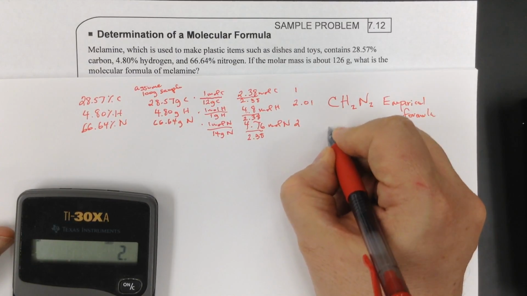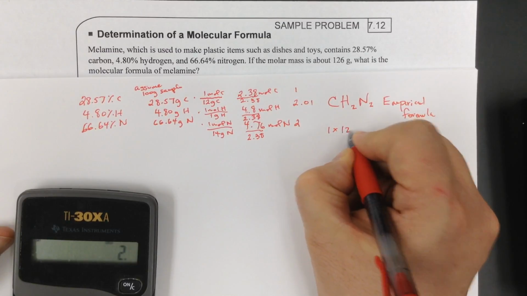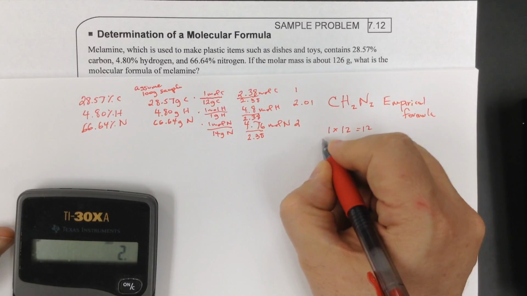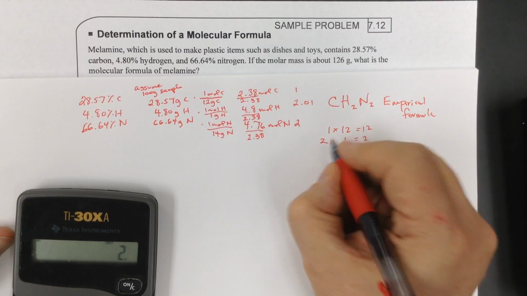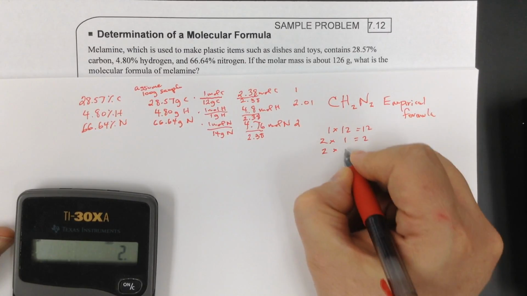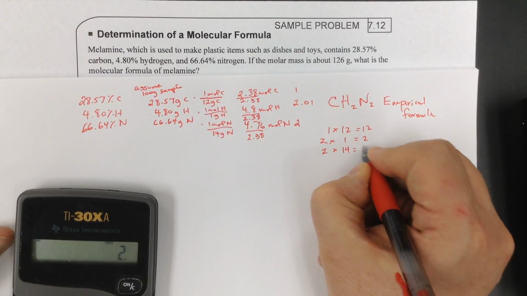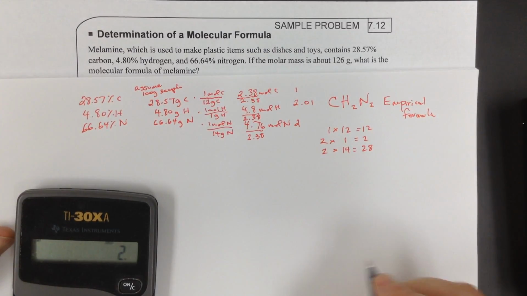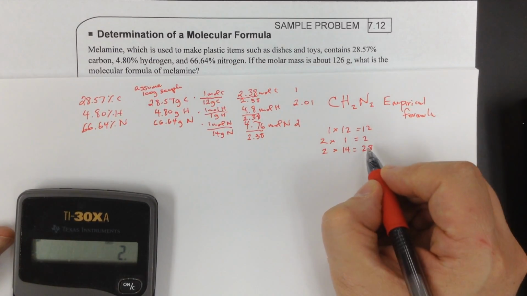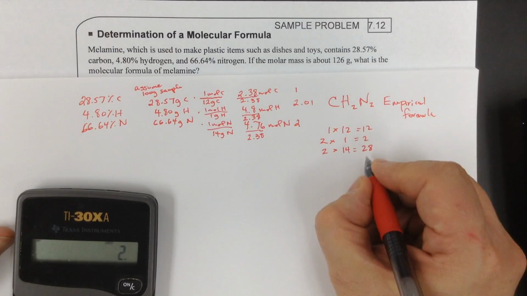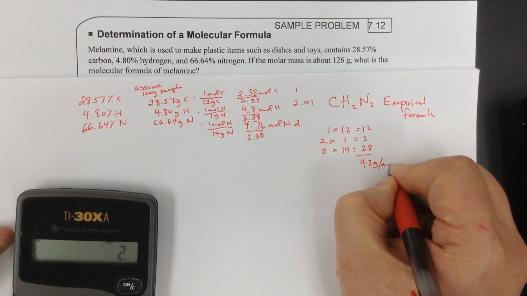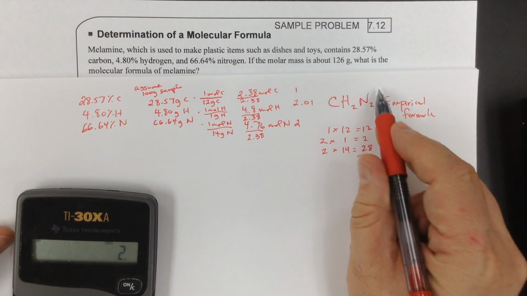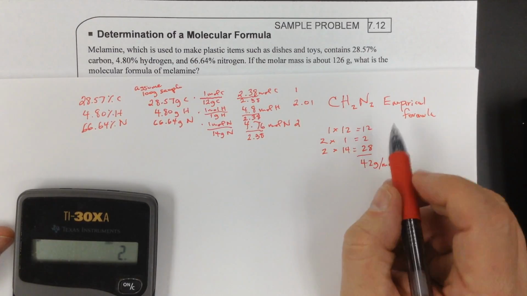In this molecule, I've got 1 carbon atom at 12, 2 hydrogen atoms at 1 each, and 2 nitrogen atoms at 14 each. So 28 plus 2 is 30, 40, 42. This compound is 42 grams per mole.